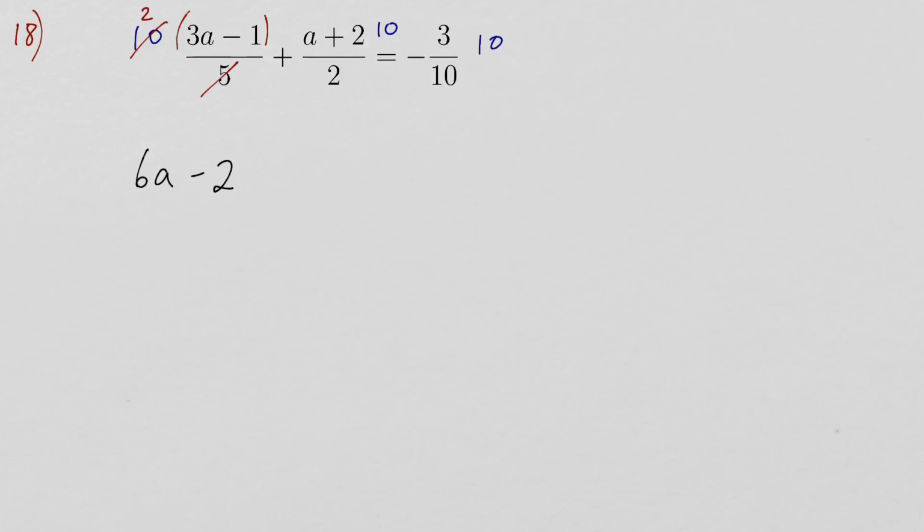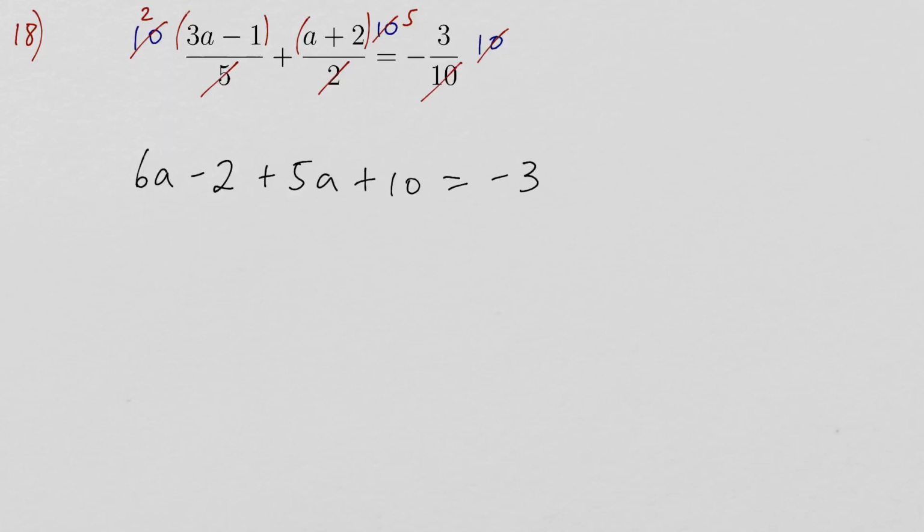Over here, 2 goes into 10 5 times, and I'm going to multiply to get a positive 5a plus 10. And here, 10 goes into 10 once, and negative 3 times 1 is negative 3.